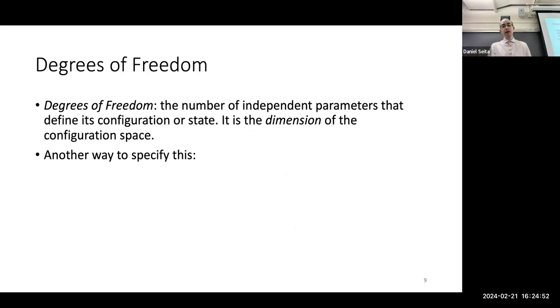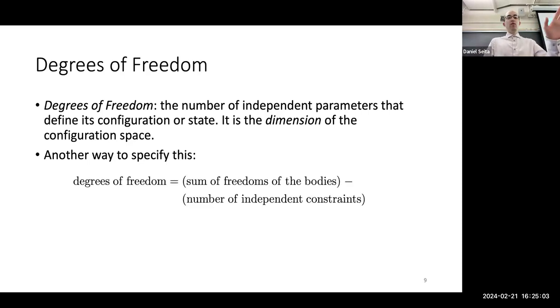So yeah, this is a way to describe the degrees of freedom. It's like a dimension of the configuration space too. Another way to specify it at a very high level would be the sum of the freedom of the body minus the number of independent constraints.